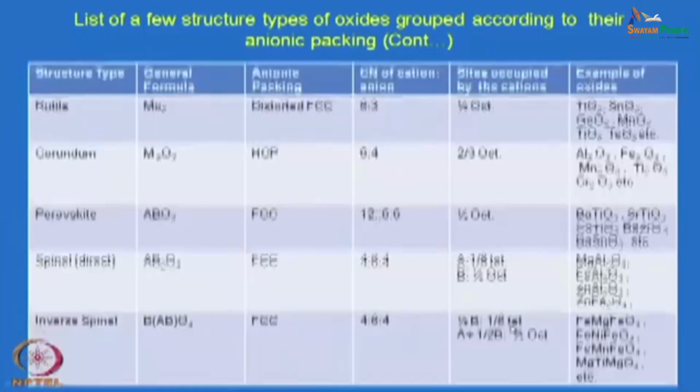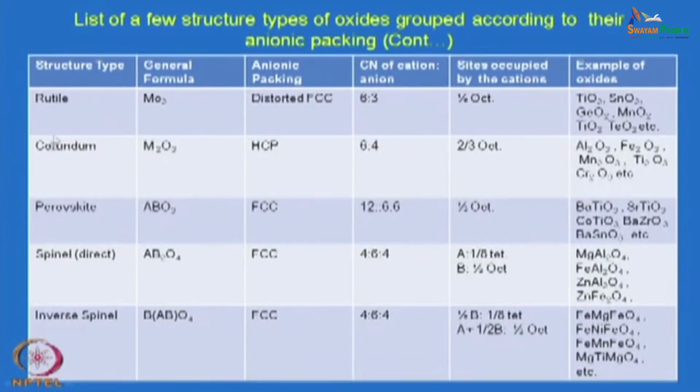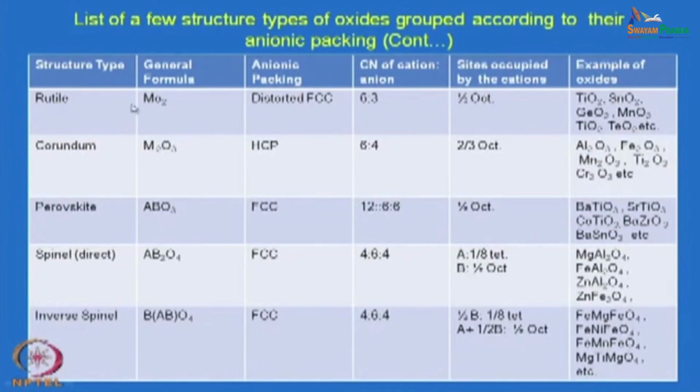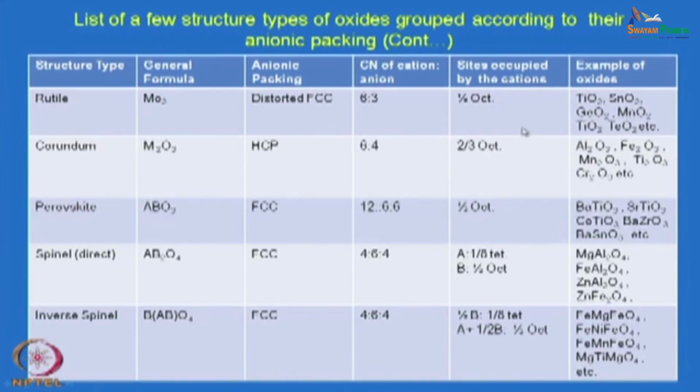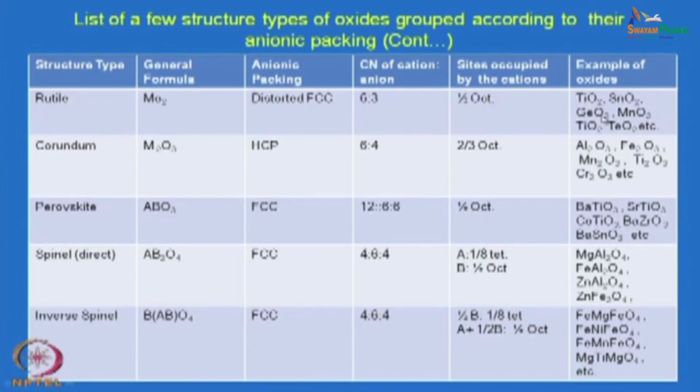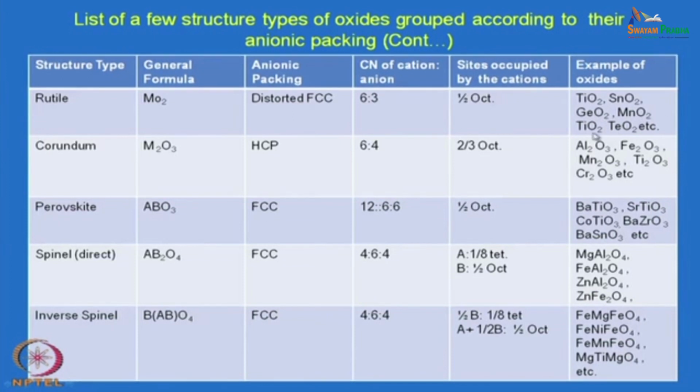To continue with this list, we have the rutile structure. This is the formula MO2 we have discussed earlier, and the compounds which crystallize in this particular structure are TiO2, SnO2, GeO2, germanium dioxide, manganese dioxide, TiO2 again. I think there is a mistake, it has been repeated, and it should be tellurium dioxide. Okay.